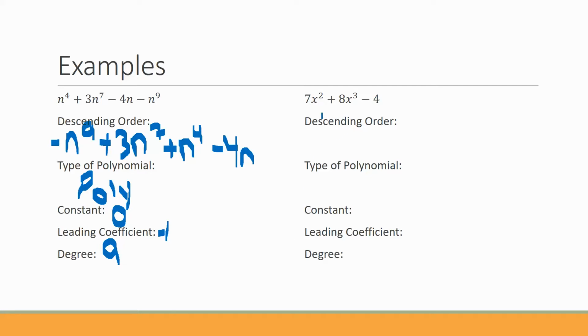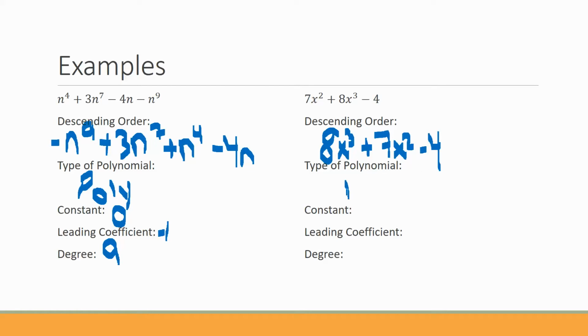So again, we'll write this 7x squared plus 8x cubed minus 4 in descending order. So we have 8x cubed plus 7x squared minus 4.